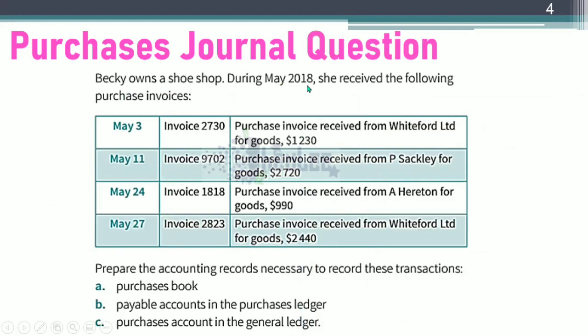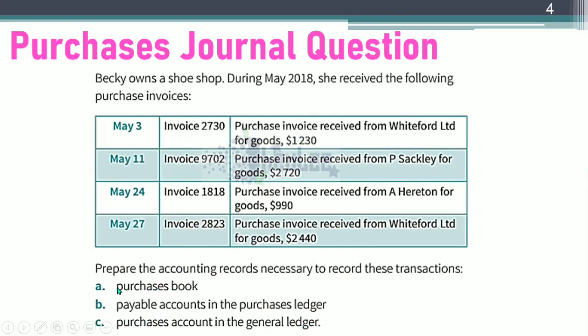During May 2018, she received the following purchases invoices, and you're presented with 4 invoices. You're asked to prepare the accounting records necessary to record these transactions. A, purchases book. B, payable accounts in the purchases ledger. And remember, payable accounts are basically your creditors accounts and your purchases accounts in the general ledger.